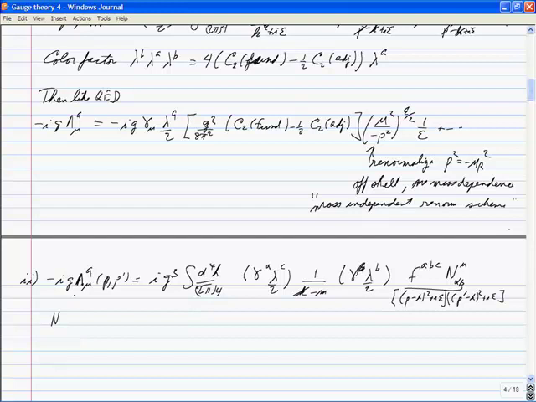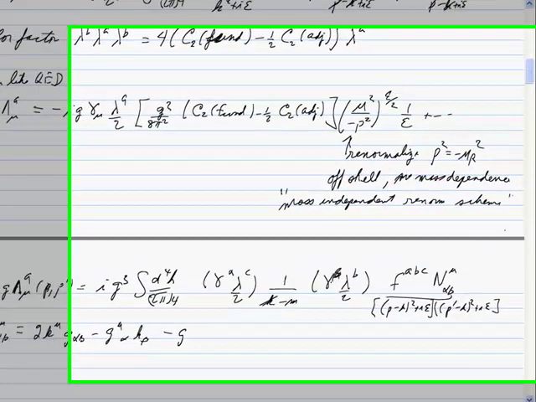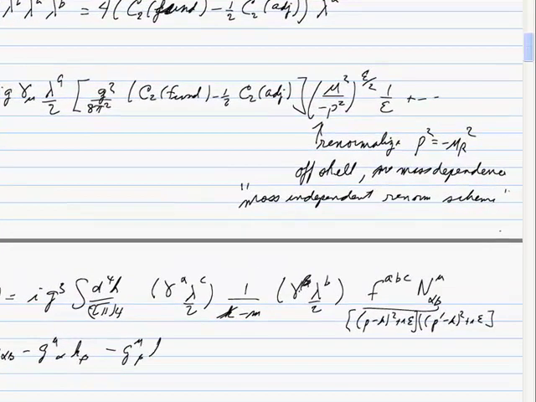There's nothing too interesting about n mu alpha beta except that it starts off linear in K. So it starts off, for example, 2k mu g alpha beta minus g mu alpha k beta minus g mu beta k alpha, plus dot dot dot.